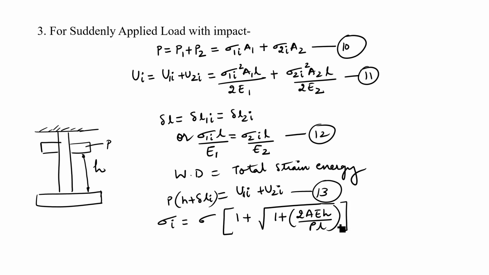I think we have also discussed this before. If you can just go through the previous lectures. Now here I can just write this as P by A into 1 plus root of 1 plus 2AEh upon PL. Just a little modification to this formula. This is the formula of sigma I.